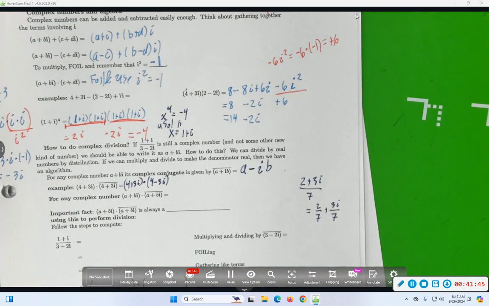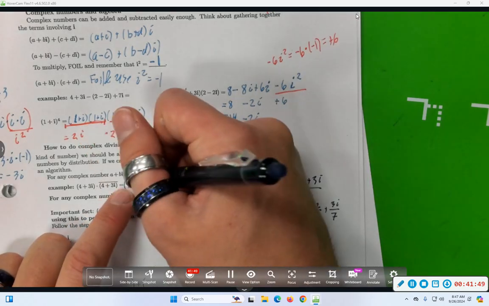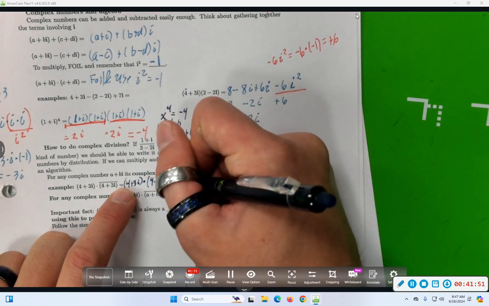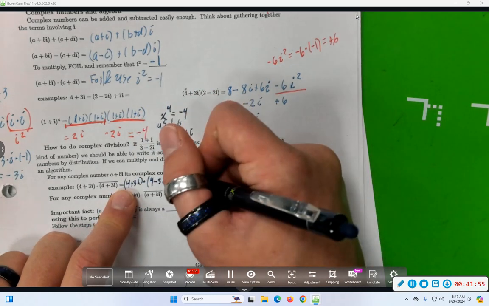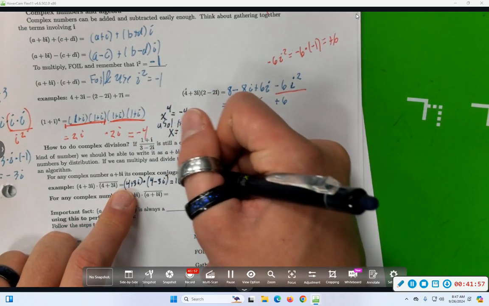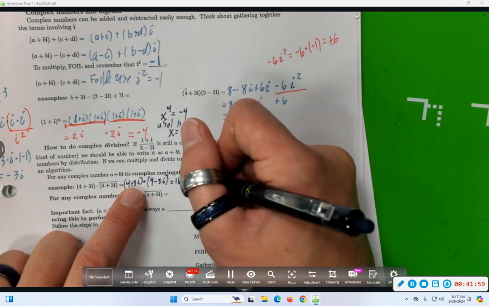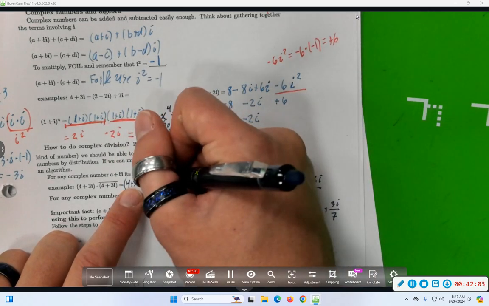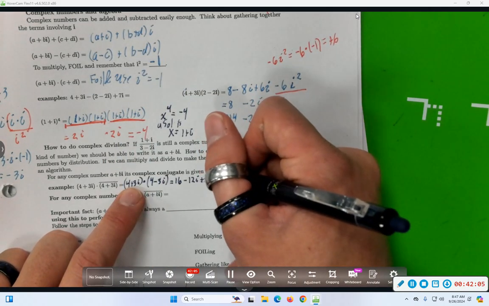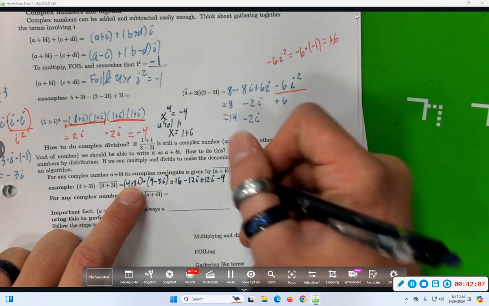And now we have to FOIL it out. 4 times 4 is 16. 4 times 3 is 12, with a negative sign and an i: −12i. 3 times 4 is 12, plus 12i. 3 times 3 is 9, with a negative sign, so −9i².